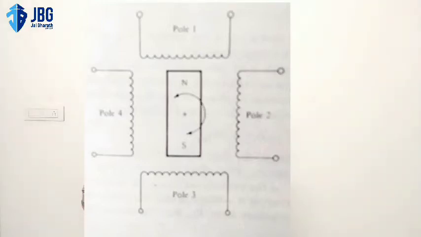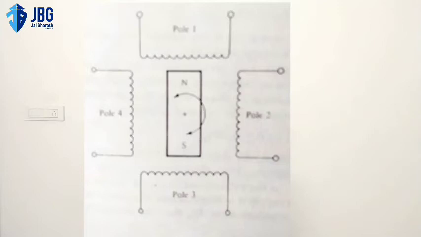Coming to the working of a stepper motor, the electromagnetic stator poles are actuated in such a way that, for example, pole 3 is north and pole 1 is south.